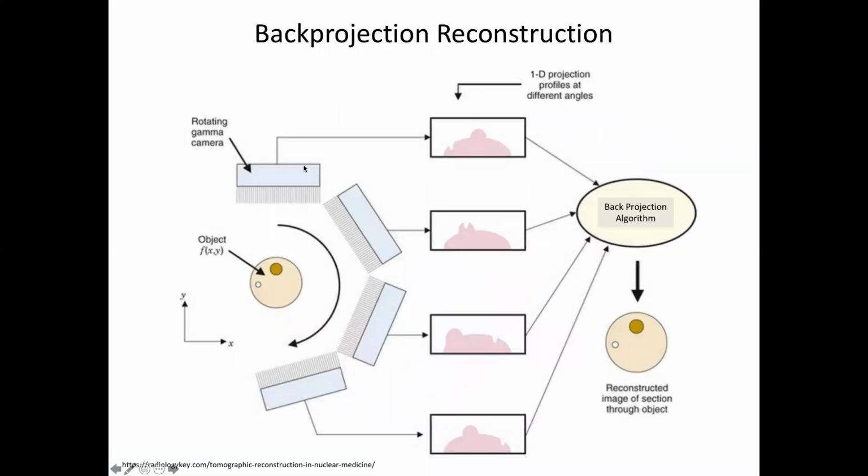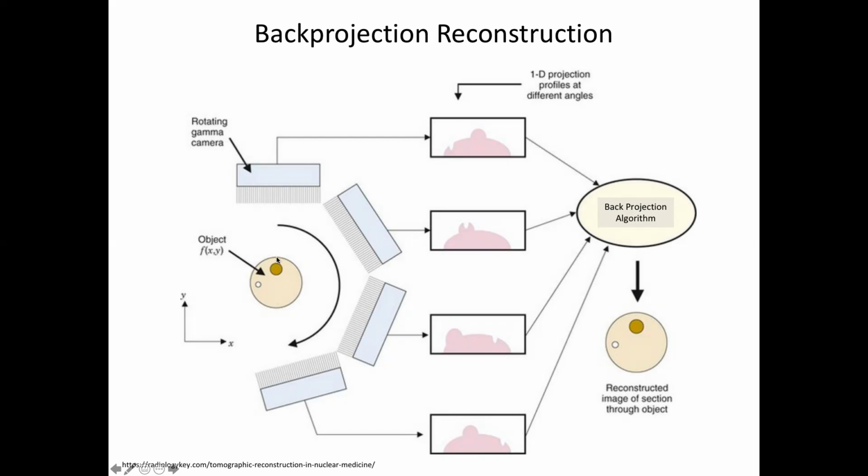In nuclear medicine, exactly the same thing happens in that here's our object, f(x,y). We're going to take different angles and get these different projections. And the brightness now, or the height of the projection, is proportional to the integral of the brightness as we look through a view. So right here in the middle of our projection, which is, say, this detector here, we go through and we say that's proportional to the integral of all the brightness coming from here, right?